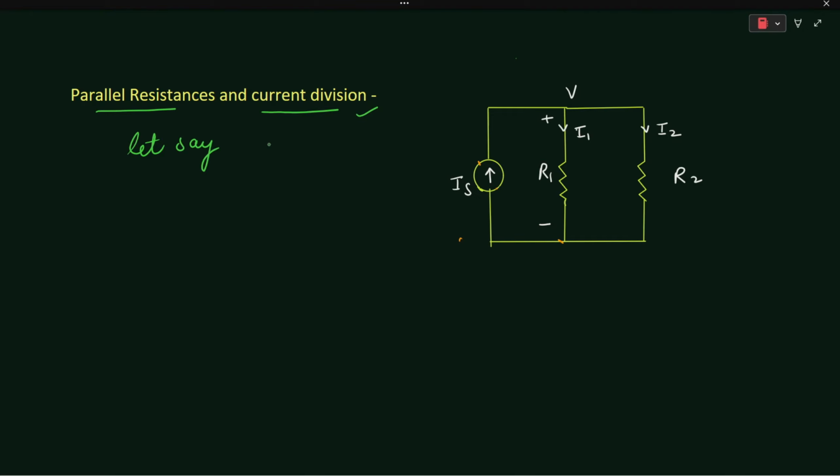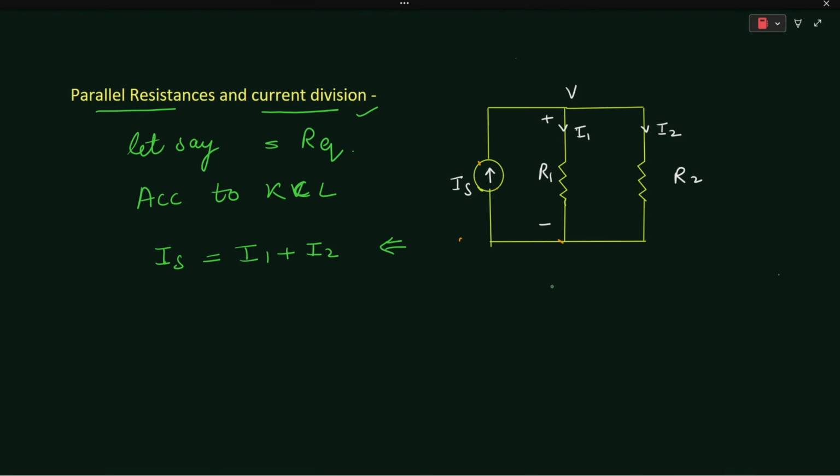According to KCL, what we can see is Is is equal to I1 plus I2, where I1 and I2 are the currents flowing through the resistors R1 and R2 respectively.